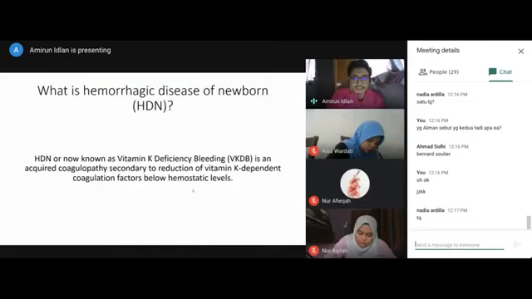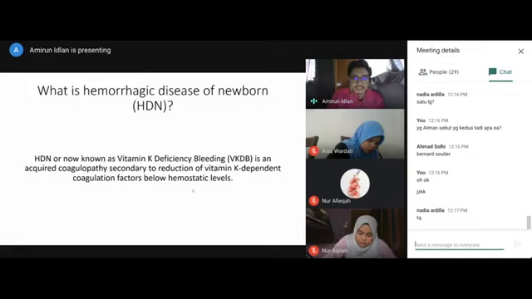Before we proceed, we must know the types of vitamin K. We have three types. First is K1, known as phylloquinone. It comes from vegetable products, vegetable oil, and also dairy products. K2 is menaquinone, synthesized by our gut flora, and K3 is menadione, which is synthetic.